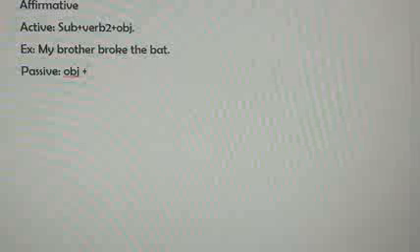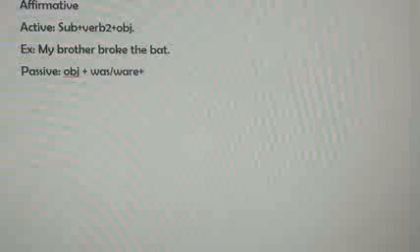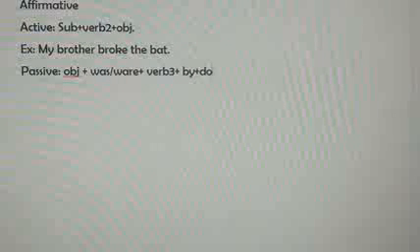After that, there will be an auxiliary verb like was and were. After placing an auxiliary verb, I need to place the third form of verb, then by, and after that I will arrange the doer and place it in the place of doer.